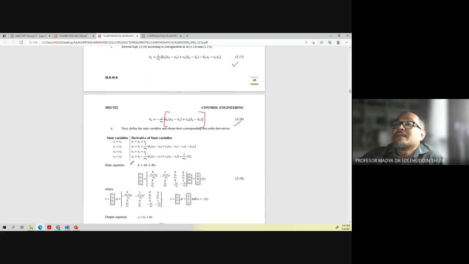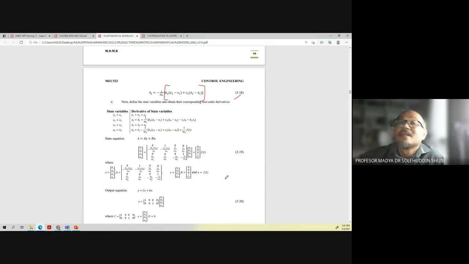Next, define the state variables and obtain their corresponding first order derivatives. So these are the state variables.